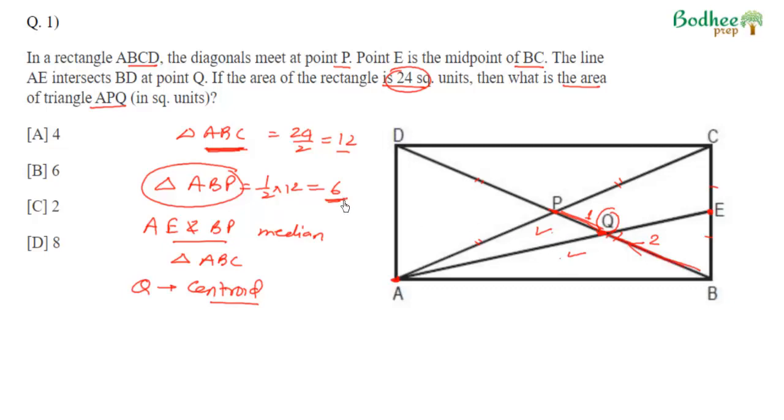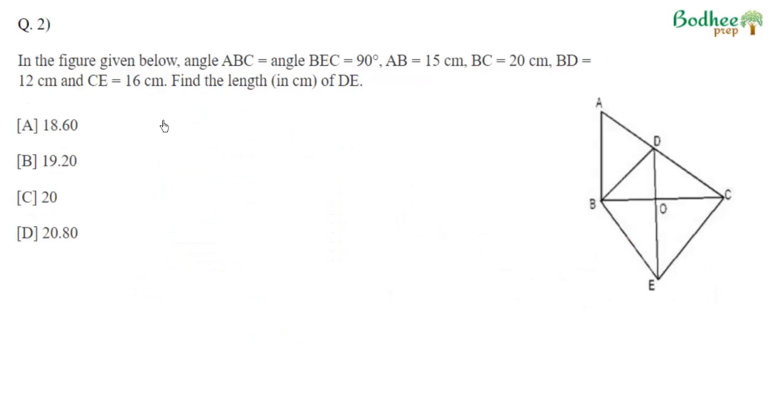The total area is 6, so the area of this portion, A, would be 1/3 of 6, which comes out to be 2. And that is the answer because we were asked to find the area of the triangle APQ. So option C becomes the right answer. Not a very difficult question, but it will require some time to solve, because we have to apply the same logic of a median dividing the triangle into two equal halves multiple times. Now let's take another question.